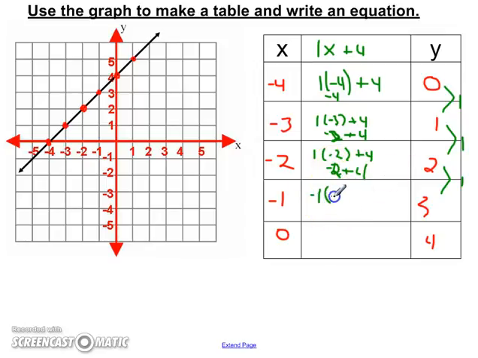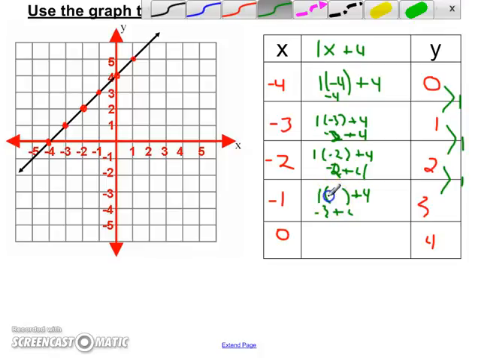Negative 1 times negative 3 plus 4. Well, this would be, wait a second, this is a positive 1. So negative 3 plus, oh, sorry. I'm really messing this up. This would be a 1. My fault.